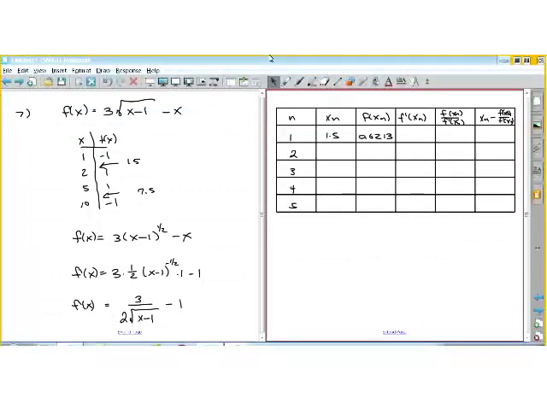Okay, where was I? Okay, so the derivative is 3 divided by 2 times the square root of x, which is 1.5, minus 1, minus 1.